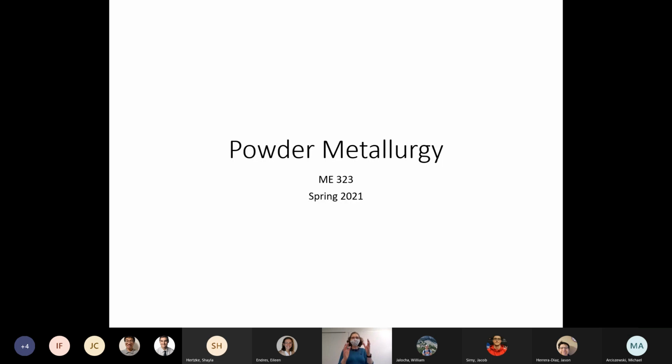Now, I think it's important to recognize that when we say conventional powder metallurgy, that's the process we're talking about. These parts will always have some porosity. The porosity, we can control it, but we cannot eliminate it.